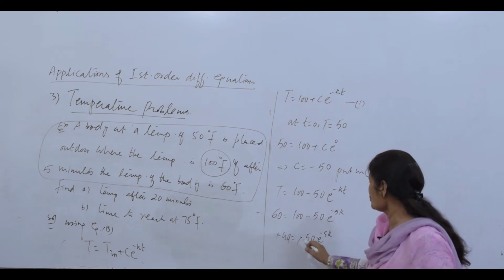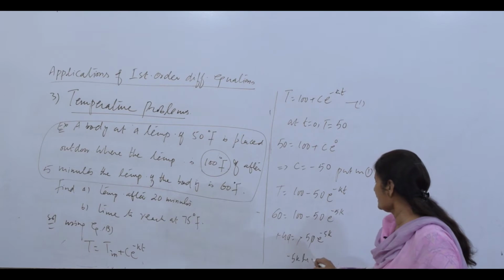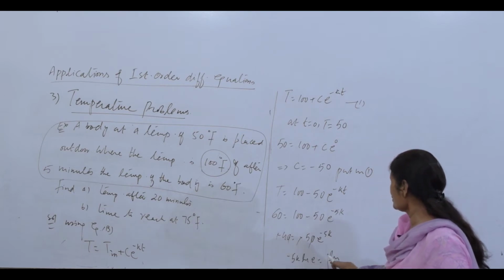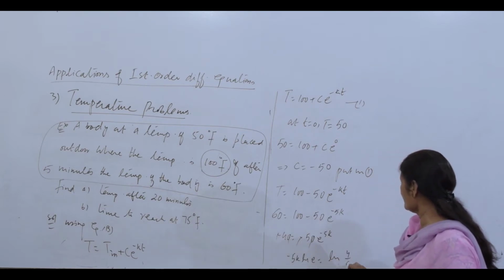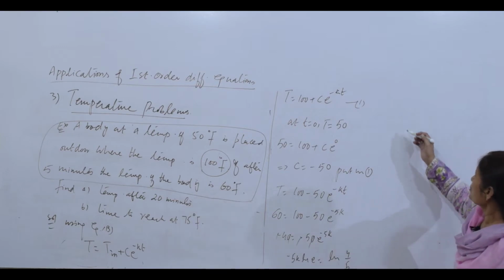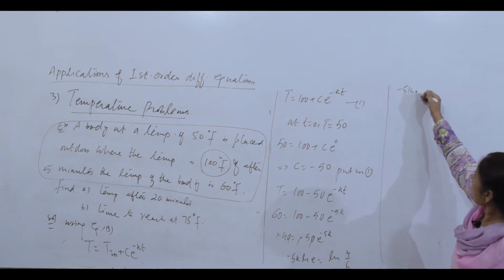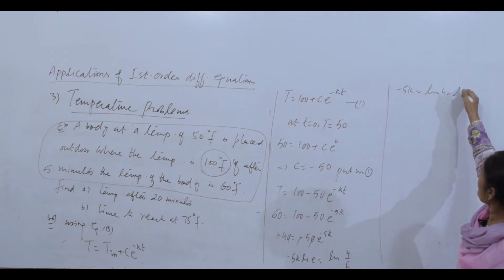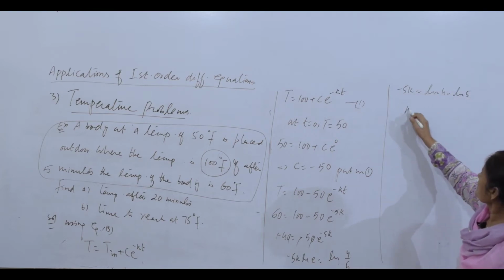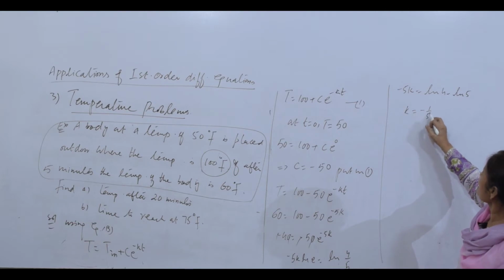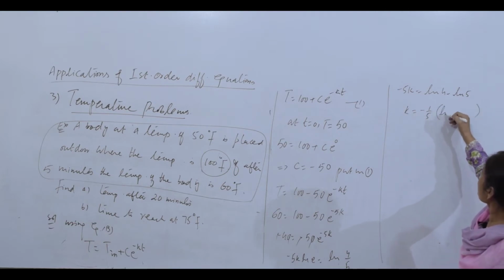Taking natural log of 4 by 5, minus 5K is ln 4 minus ln 5. This implies K is ln 4 minus ln 5 over minus 5.